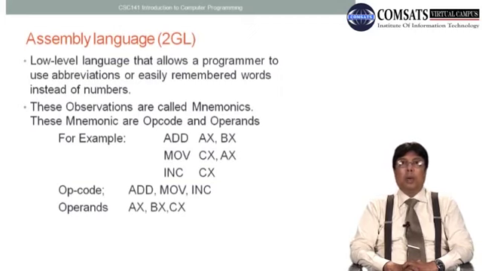Similarly, operands could be registers. AX, BX and CX are the registers of the CPU. Within the CPU, you store the data in a register. That is again a memory within the CPU, very small size memory.